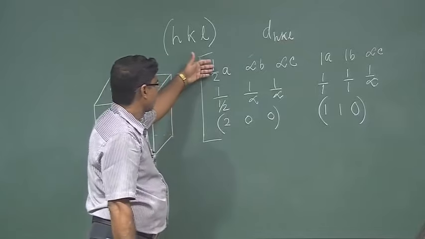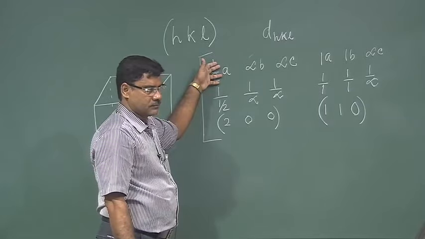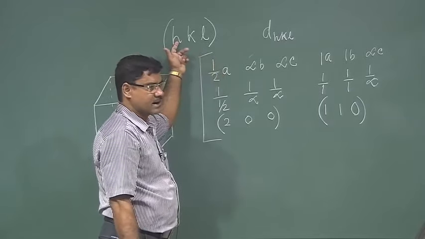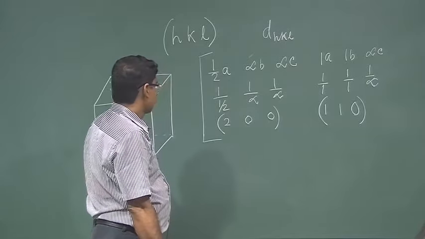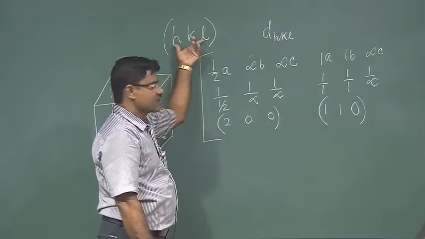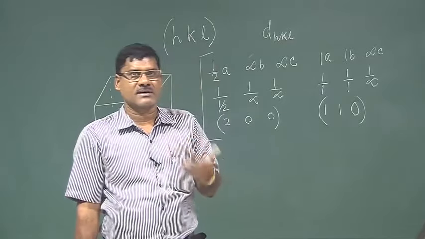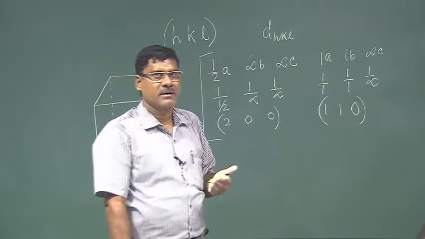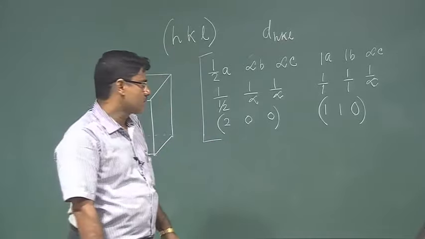Wherever the intercept, this H is basically coming from the reciprocal of that. Okay. So from the HKL value, if I want to find out the intersection of the planes with the axis, then how to find it out?